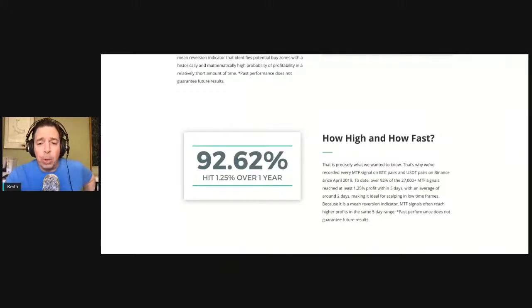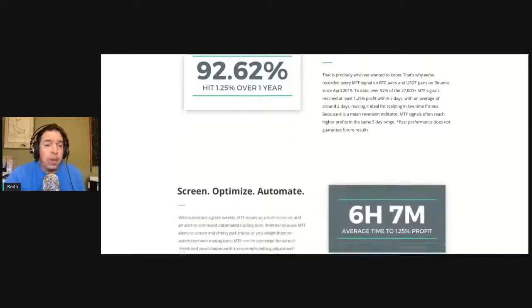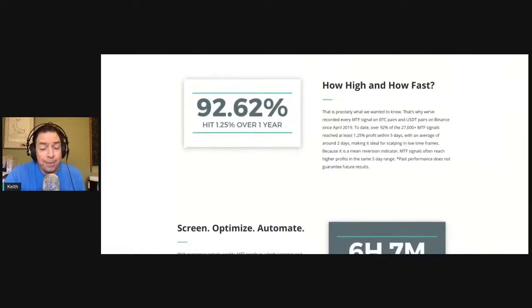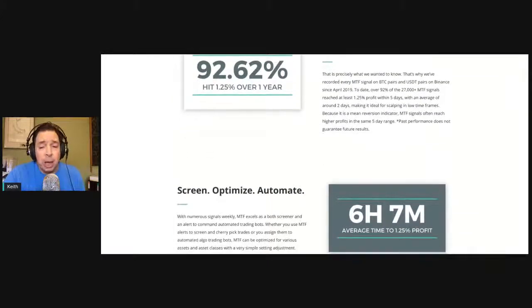So we track this for 5 days to get to these metrics, but on average, most of them are reaching at least 1.25% in under 2 days. Many of them within hours, sometimes even minutes. We're going to go through that, and I'm going to actually show you the metrics to back this up rather than just state a claim here, because we go out of our way to be transparent.